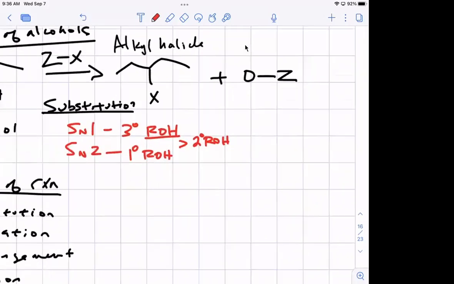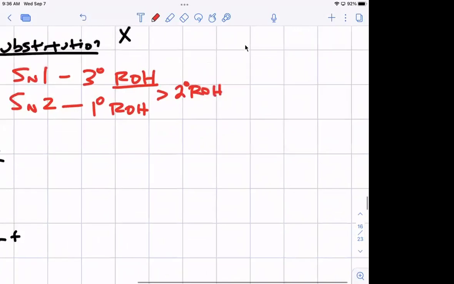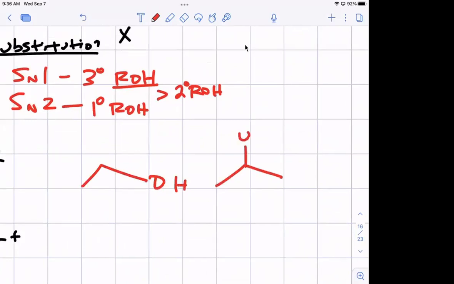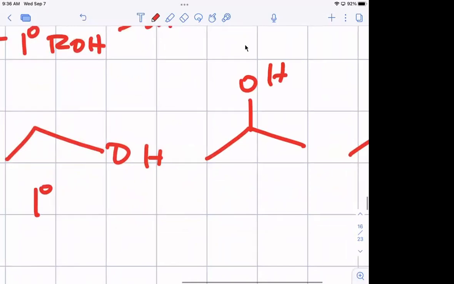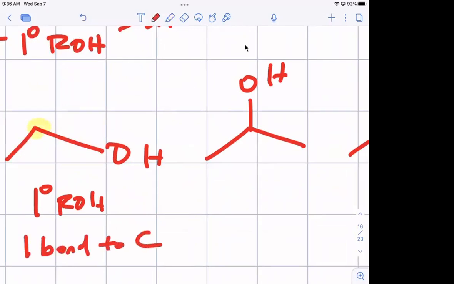And while I'm saying that, let me show what I mean by a primary alcohol. So this is OH. This is a primary alcohol. It only has one bond to carbon. This is secondary.